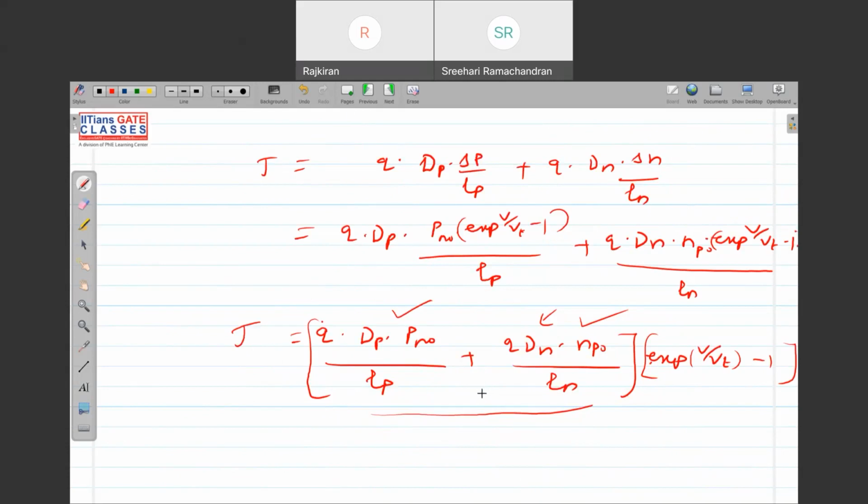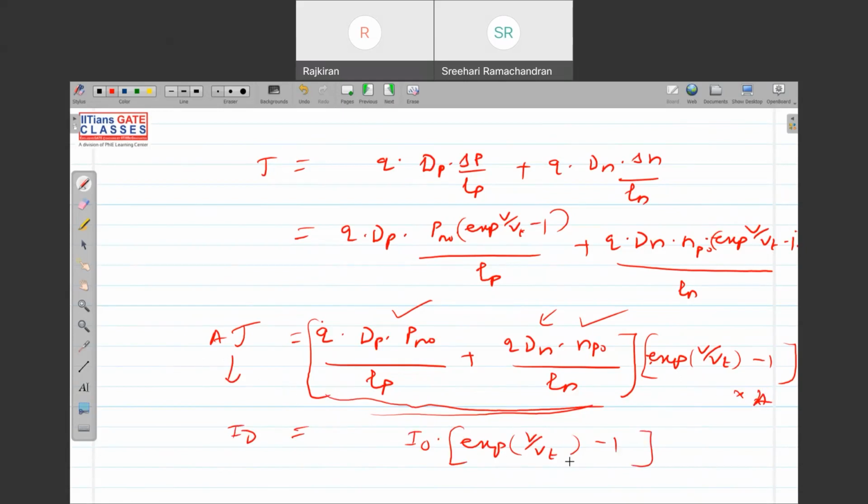If I want current, I have to multiply by area. This is my current ID. ID is equal to this into area. I have taken it as I0 into exponential of V by Vt minus 1.